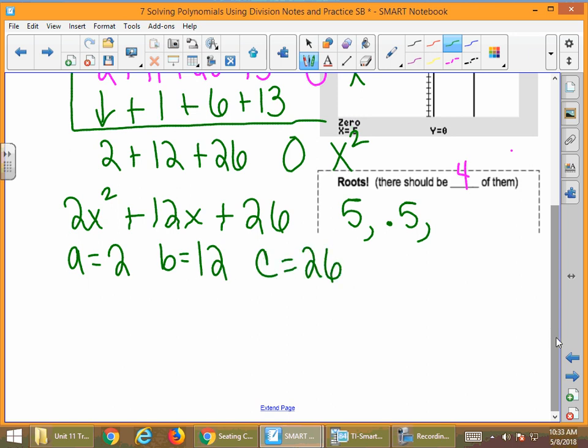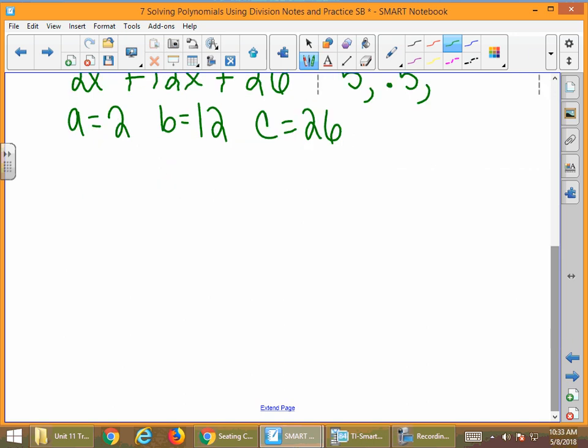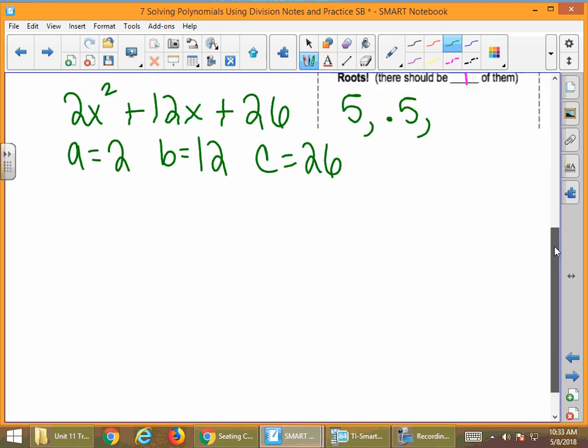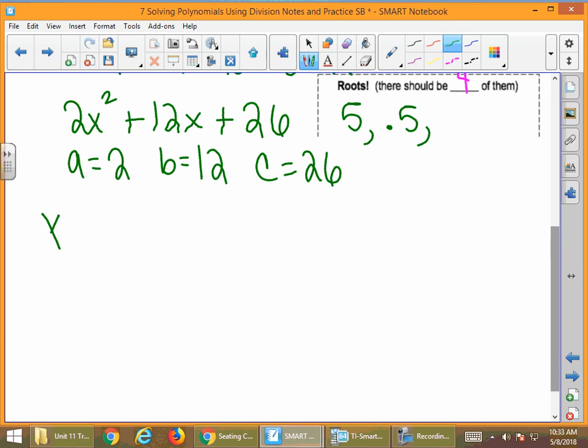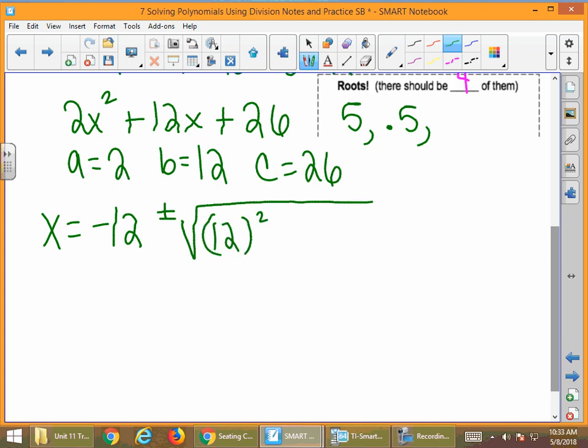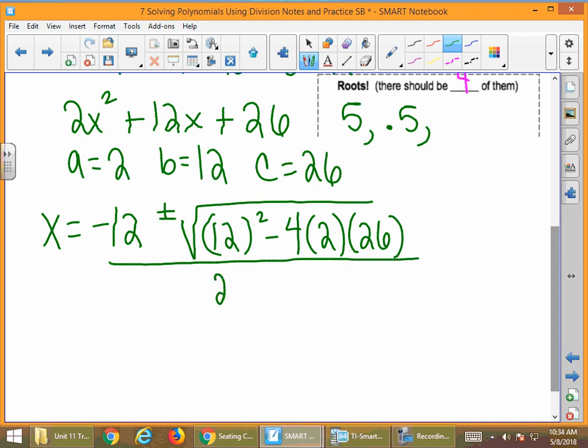And we're going to put those back into the quadratic formula to come up with our roots. So it's going to be x equals negative b plus or minus the square root of b squared minus 4 times a times c, all divided by 2 times a.